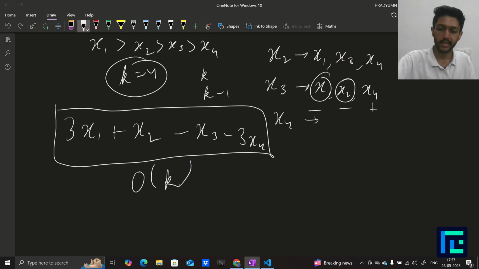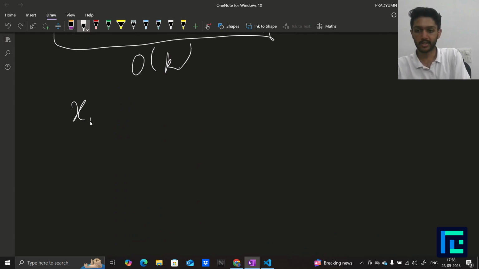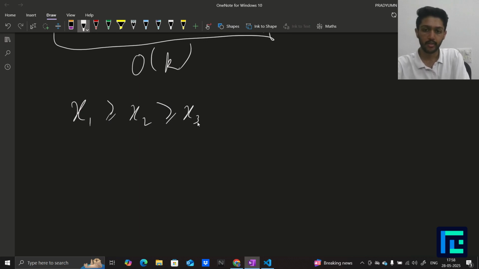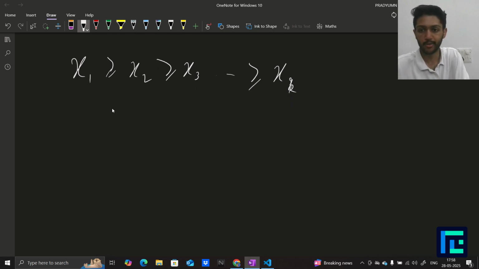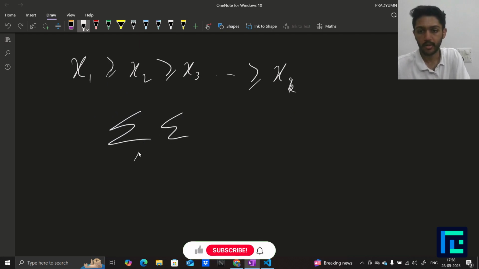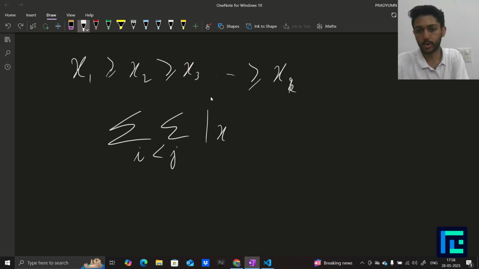So in general, this was just to explain to you, but in general, if I have k terms, which says that x1 is greater than or equal to x2, greater than or equal to x3, and so on up to xk, then I can say that the sum which I want, that is the sum over i less than j of the absolute value of xi minus xj, basically the sum of all pairs, absolute value, we just try to get the contribution.